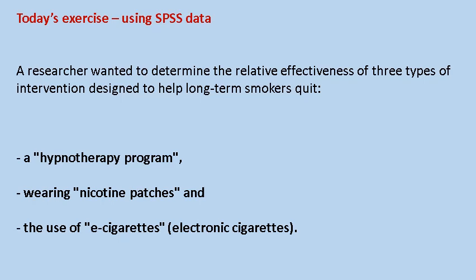A researcher wanted to determine the relative effectiveness of 3 types of intervention designed to help long-term smokers quit smoking. So the inclusion criterion was long-term smokers, and 3 interventions were given: a hypnotherapy program, nicotine patches, and e-cigarettes.